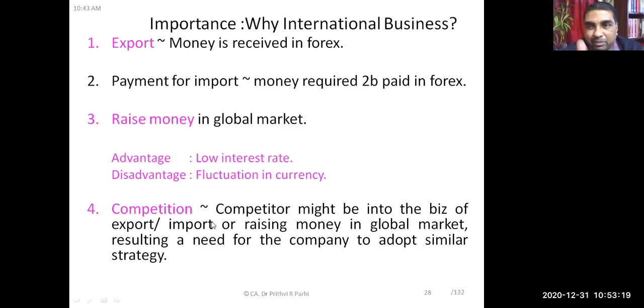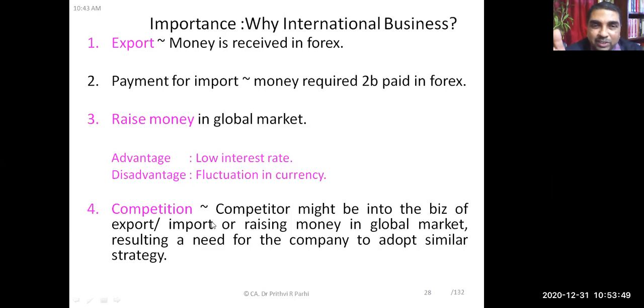These other points are also there. Let me repeat these 4 points once again. As you know, if you want to grow, you have to expand the market, for which you have to export. Export is required. You'll be earning more money out of this. But while exporting, knowledge of foreign currency is also important. And knowledge of how to deal with foreign currency, how to mitigate the risk associated with it, and how to hedge the fluctuations is also important.